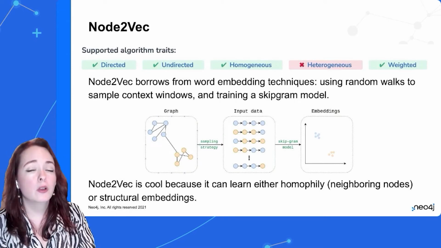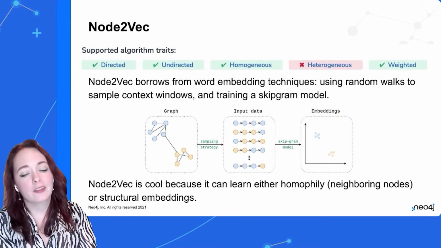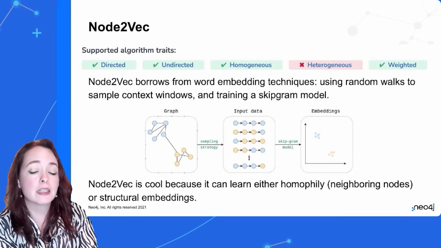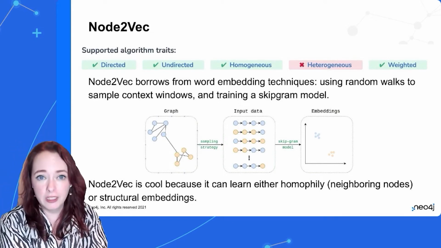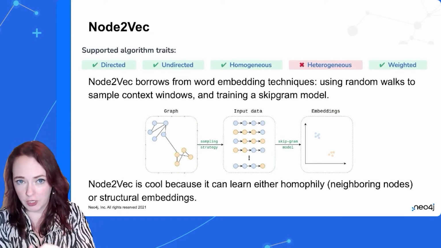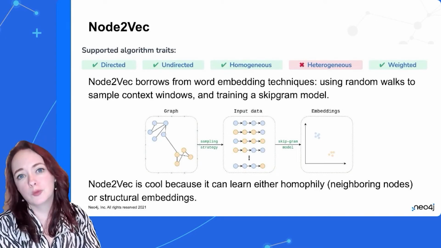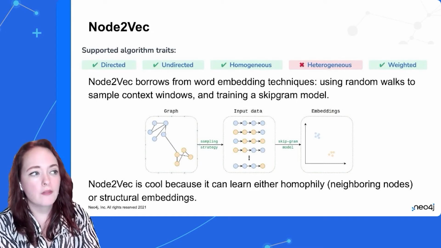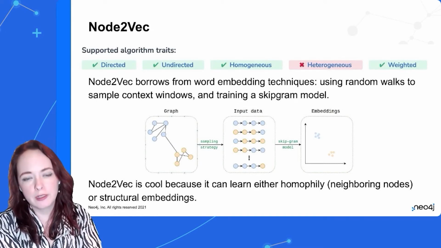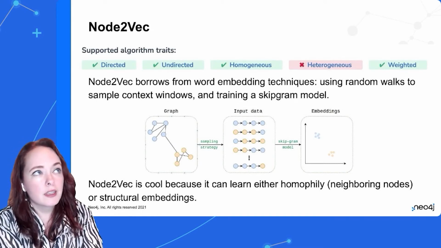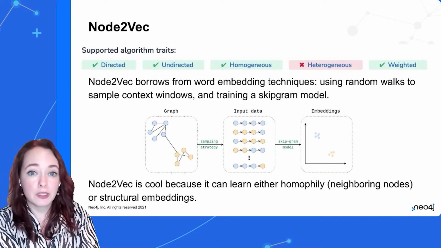node. What's really cool about Node2vec and the reason people use it is because it can encode either homophily, where two nodes are next to each other in the embedding, or structural roles. So two nodes with similar embeddings have similar structural representations. Node2vec is used frequently because it's pretty simple to understand, right?